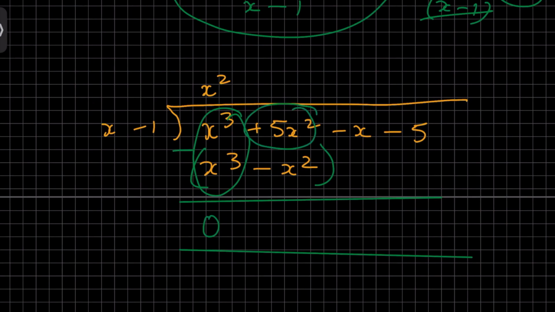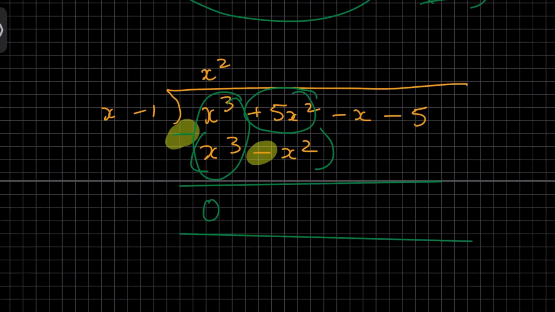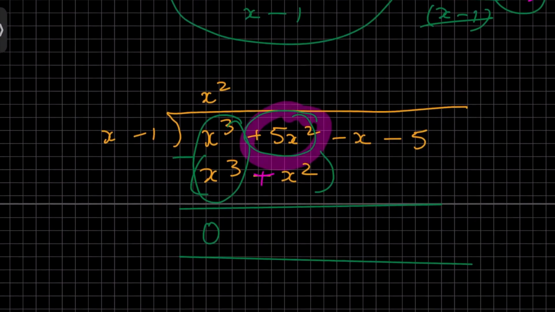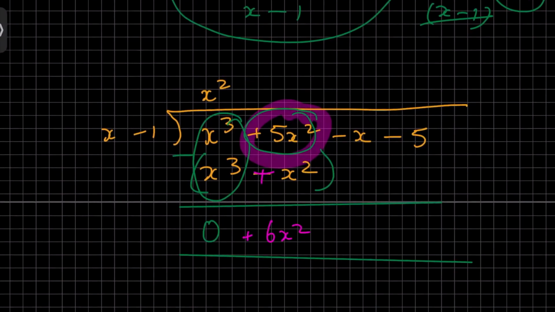Then 5x squared minus x squared, taking note of the double negative over here: minus negative x squared essentially means 5x squared plus x squared. So 5x squared plus x squared should give us 6x squared. And the rest of the equation should remain the same, so the rest of the equation is minus x minus 5.